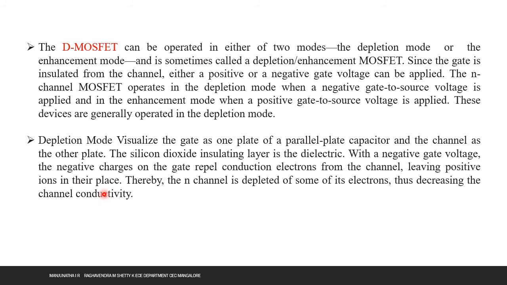The conductivity and its operations will be discussed in the next slide. The major thing to understand is that the DMOSFET can be operated in both ways, as an EMOSFET and a DMOSFET, with different voltage polarities. Next slide we'll understand in detail.